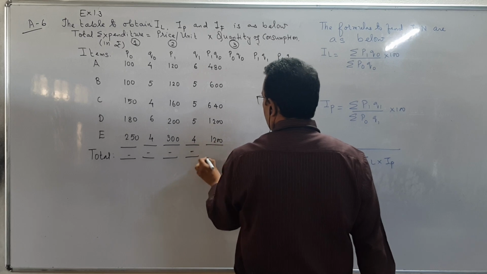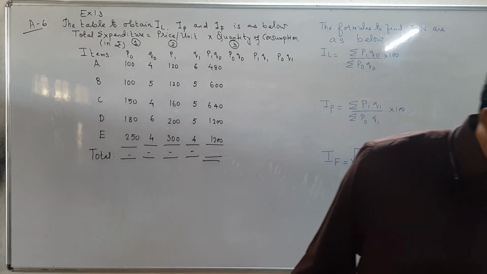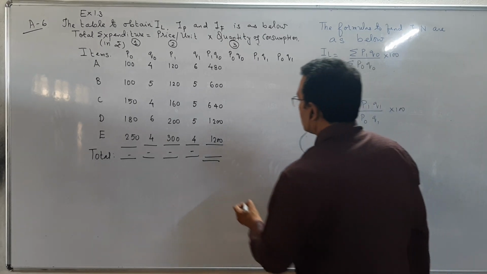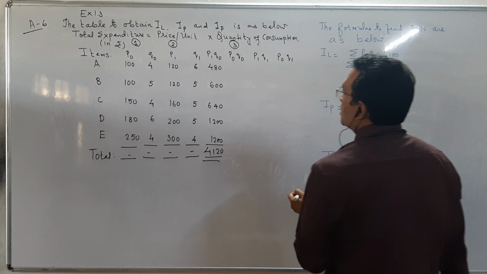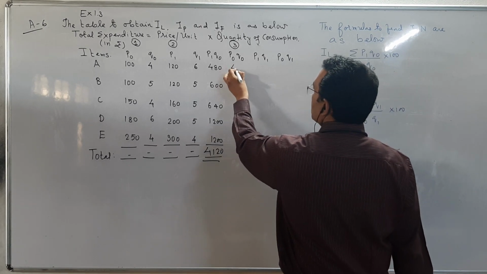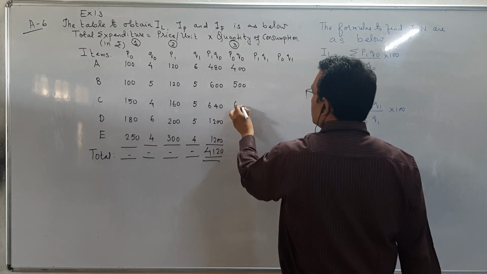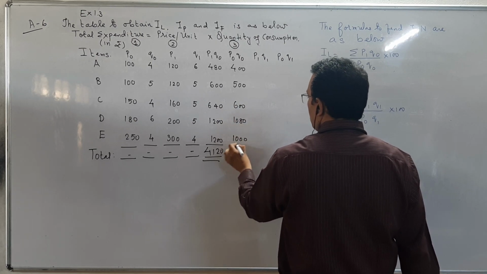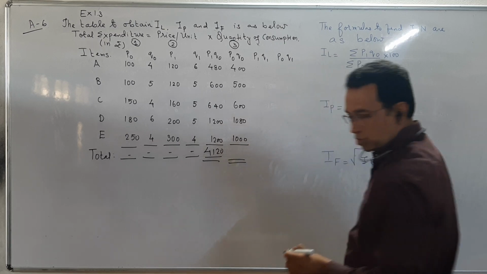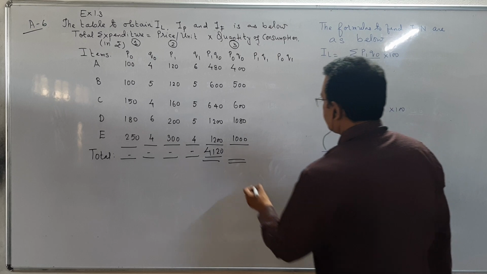And 1200. So this totals to 4120. Then P0 Q0 400. This is already given in the sum. 400, 500, 600, 1080 and 1000. So students, this totals to 3580.